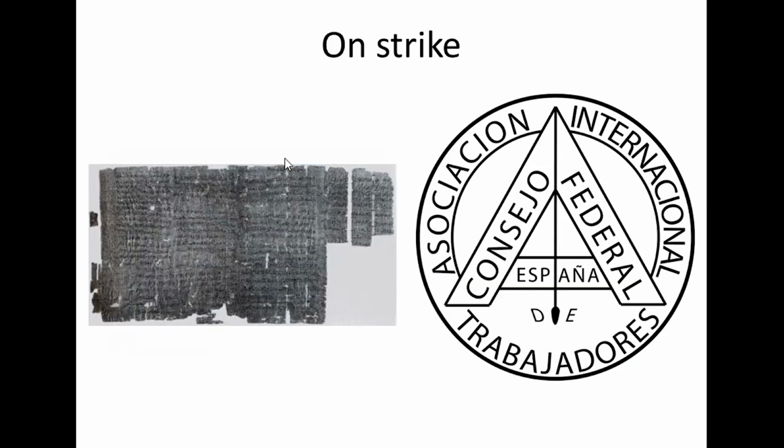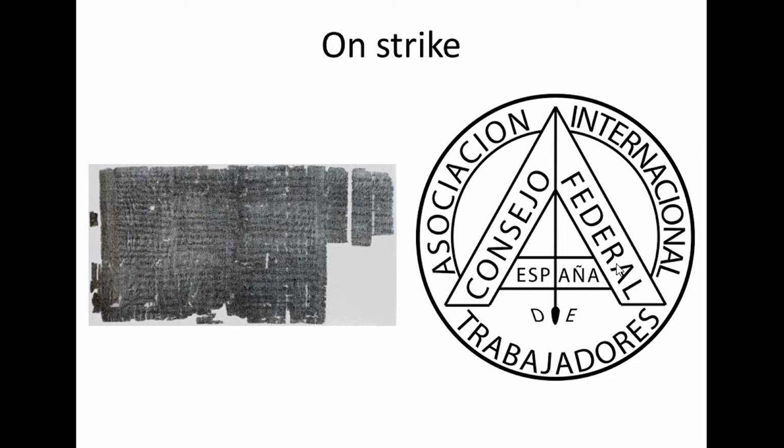The other thing that we have the ancient Egyptians to thank for, well, depending on your perspective, I suppose, is the very notion of downing tools, of going on strike.